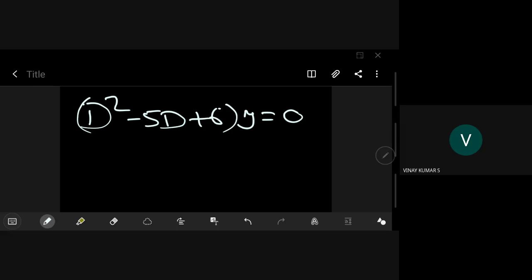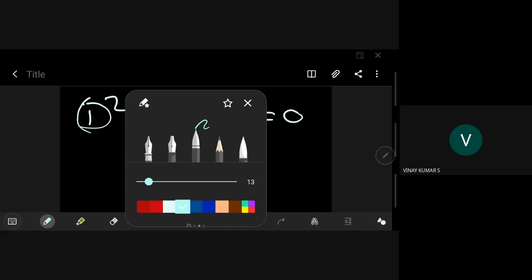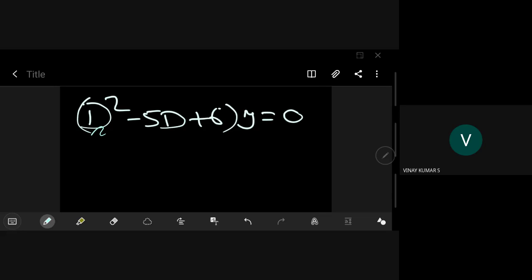So this part we represent by f of d. It is a function of d. What we do is that we try to factorize that. This is a homogeneous equation with constant quotients, so we create something called the auxiliary equation.